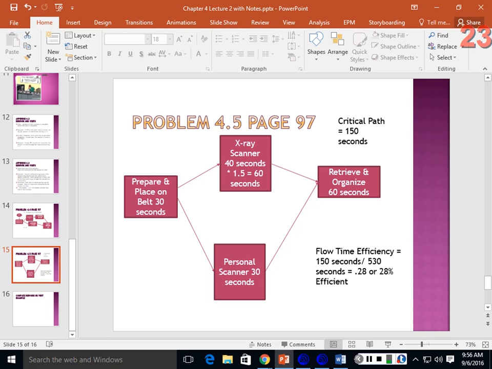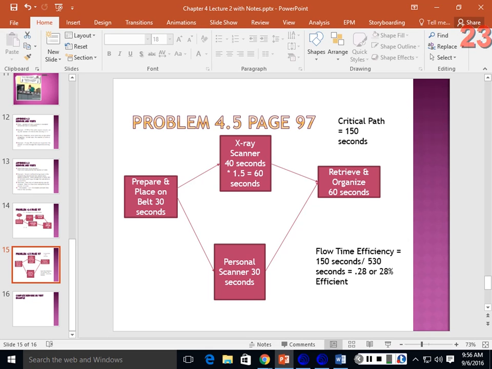Zach? What does that 28% efficiency mean? So when we read the problem, what it said is this is the activity time, and it does not include any of the waiting time. Okay? And so our 150 seconds is our theoretical flow time because it doesn't include any of the waiting time.